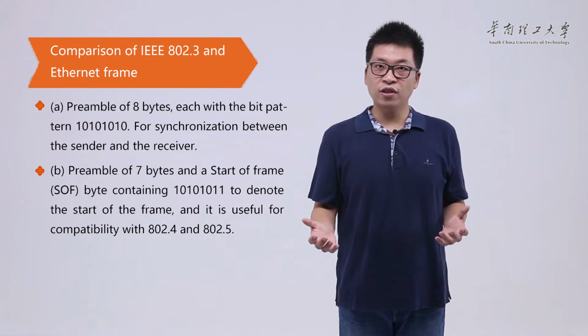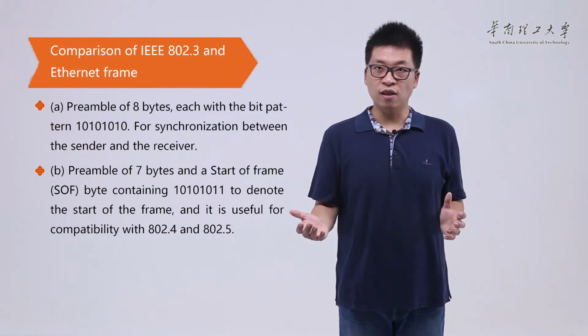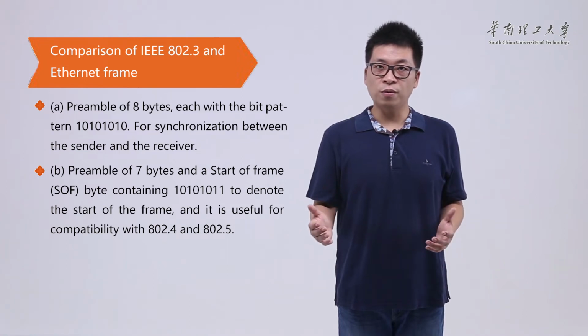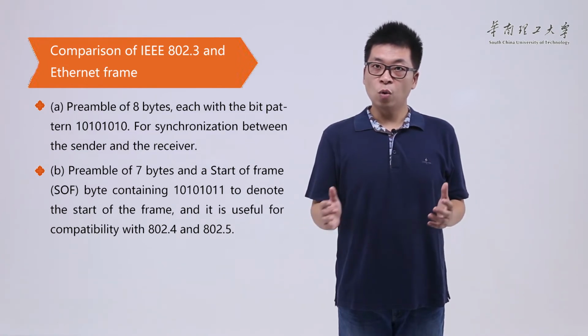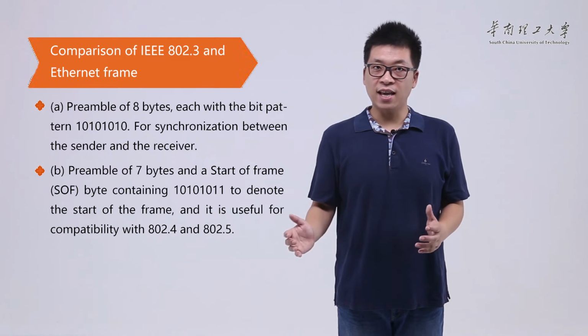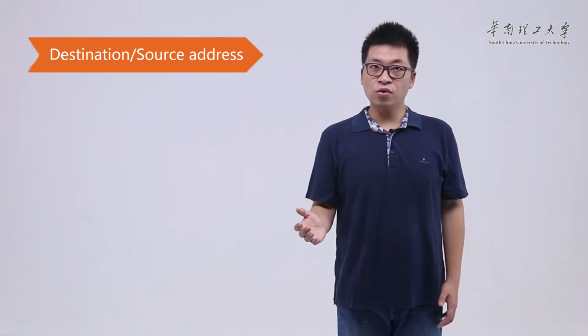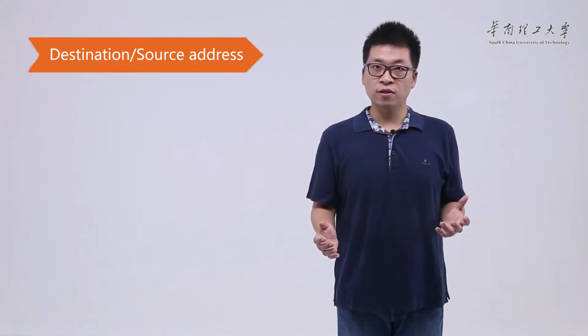The other difference is the type field in Ethernet, which is used as the length field in IEEE 802.3. We will talk about it a bit later. The frame header includes two addresses, the destination address and the source address.